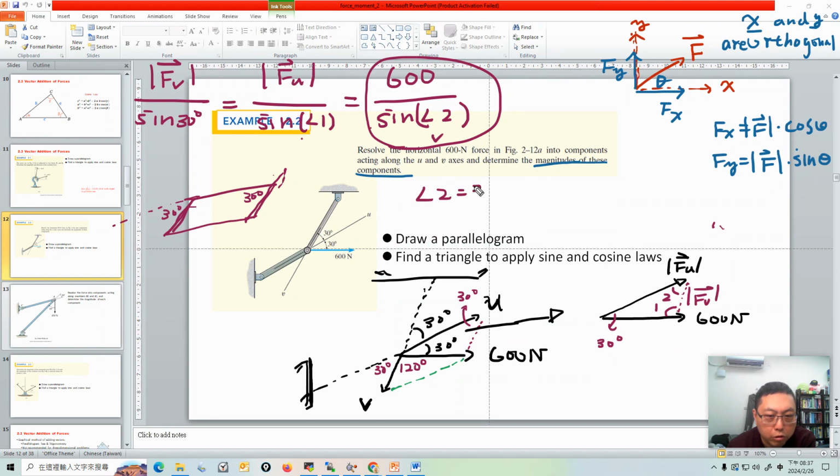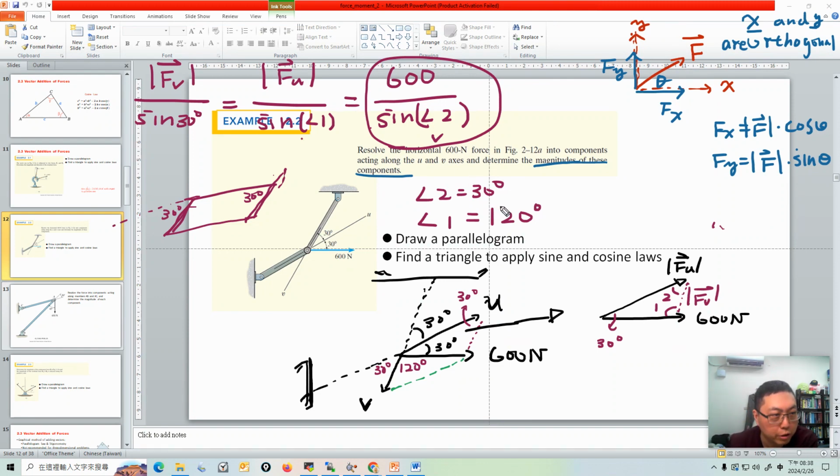So angle 2 is 30 degrees. And then angle 1 must be 120 degree. Did I calculate it right? Let me see my notes. Okay, so it's good.